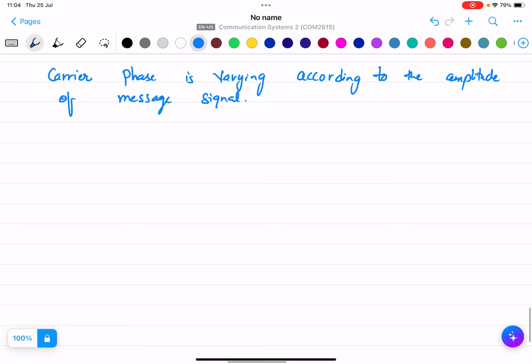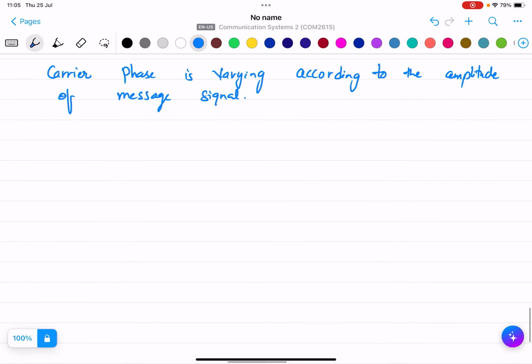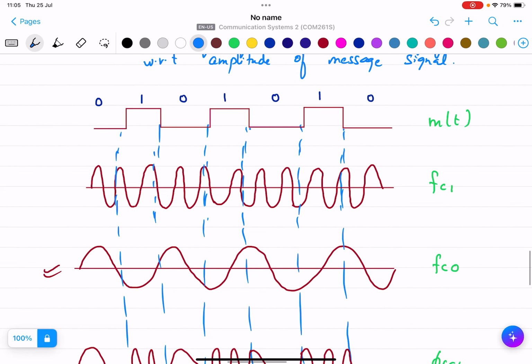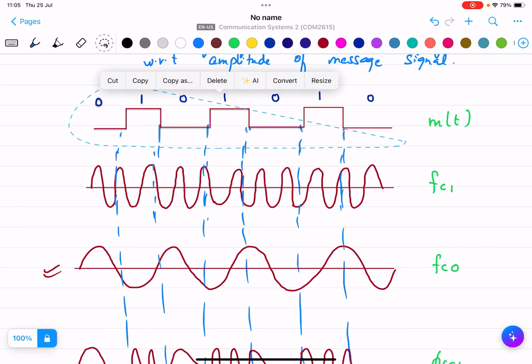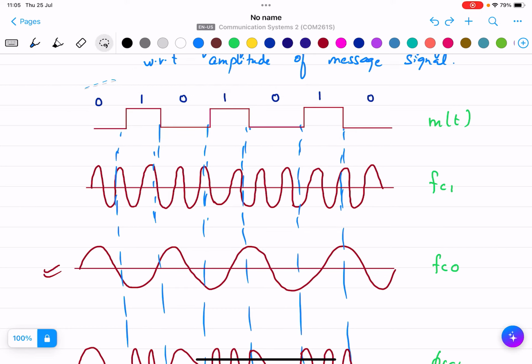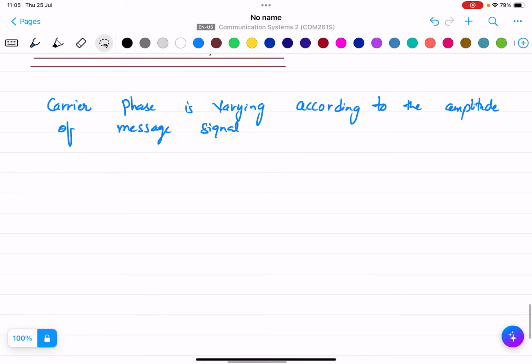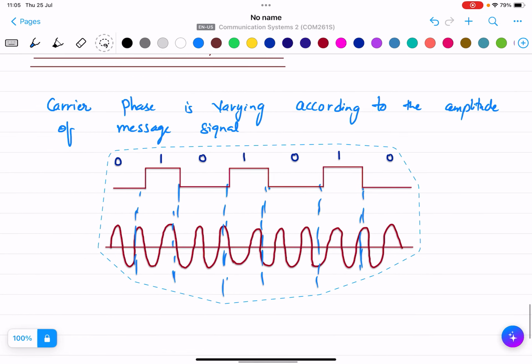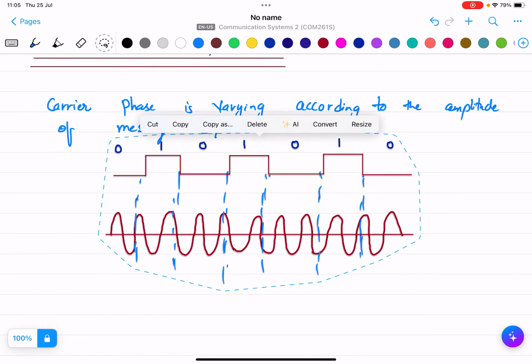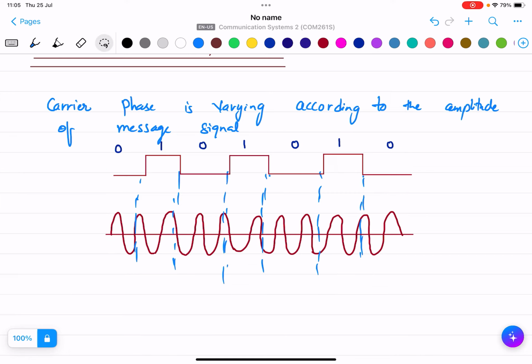It's very simple, like we did before. Let us again make the waveform. Let us just copy this whole thing. Okay, so this is my carrier signal and the message signal.